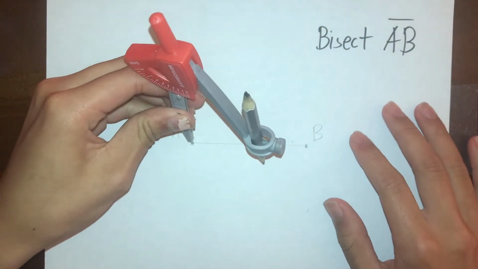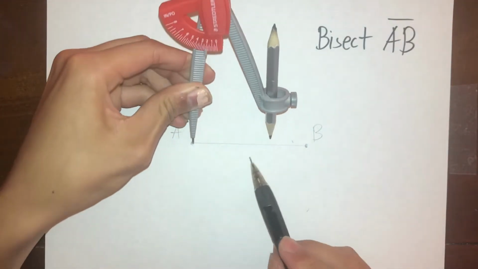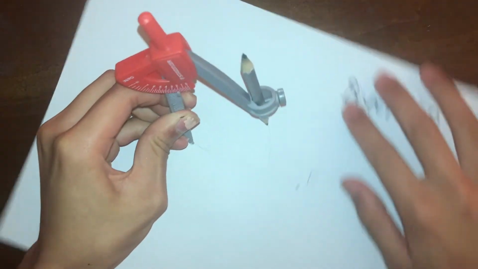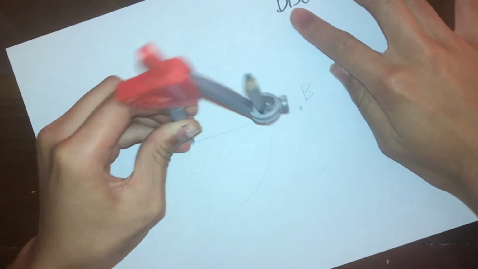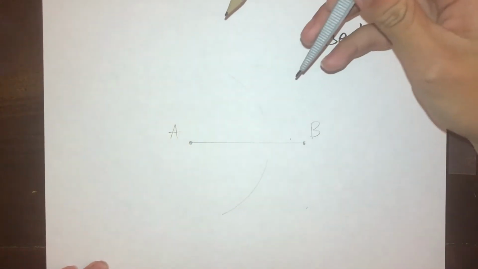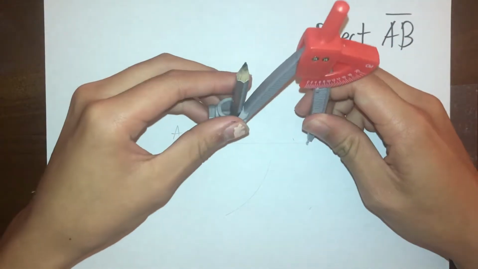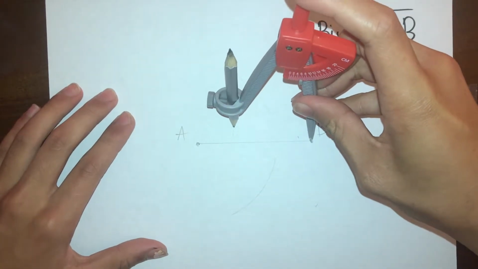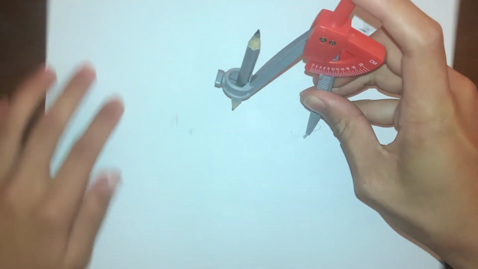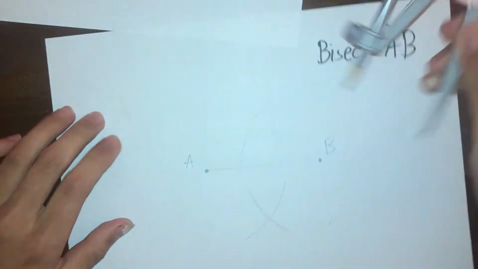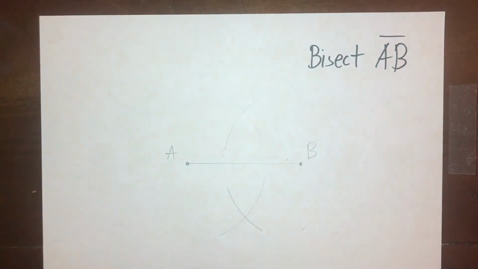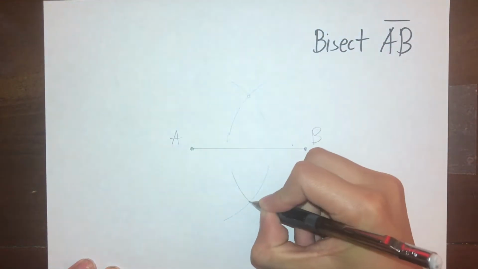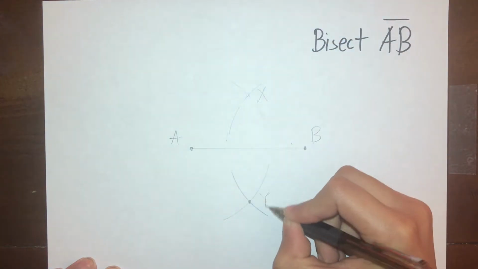Make 2 arcs around point A that seem relatively past the midpoint between A and B. With the same compass setting, do the same action for point B. You now have 2 intersecting points, which we will call X and Y.